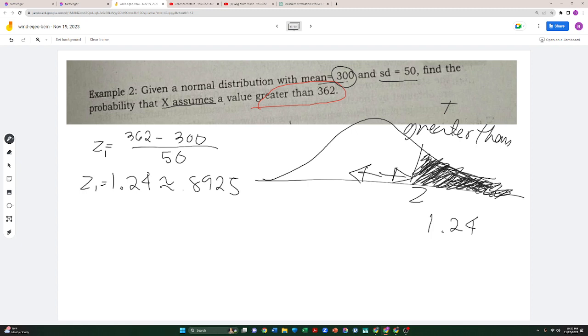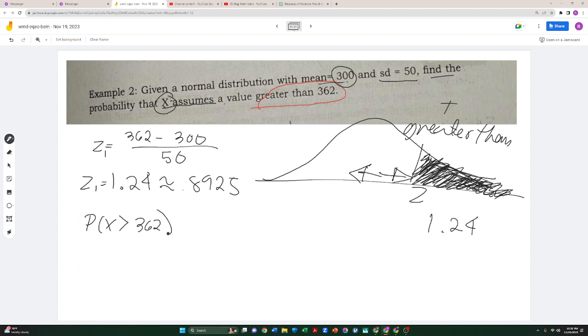Okay? Or greater than. So the problem is find the probability that x assumes a value greater than 362, P x greater than 362. Nganong ing-ani man ang dagway, tan-awa ang problem. So, katong mga x na mas dako pa sa 362, which is ing-ani ang dagway niya. Okay? Nasabtan.